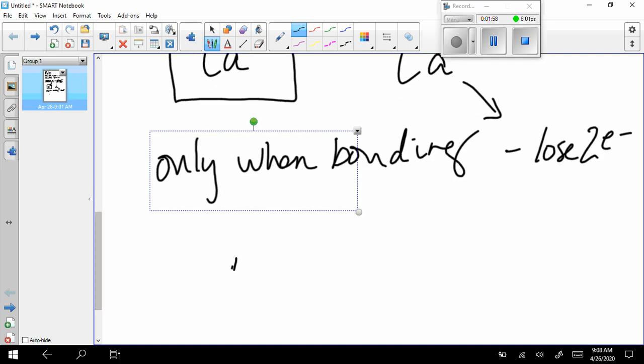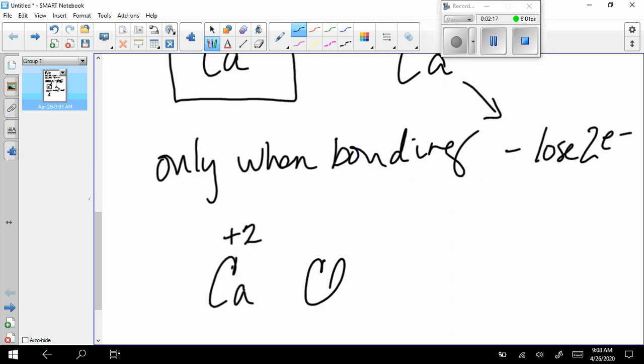So when we do our little crisscross, I would write Ca +2. That shows the oxidation state of calcium is +2. What is it willing to do when it is bonding? The positive tells me it's going to lose 2 negatives, so I'm going to put it with something negative. Chlorine, look up in the top right corner.